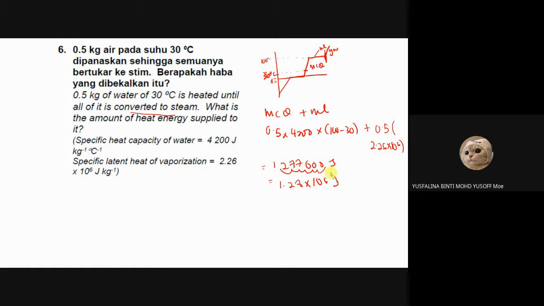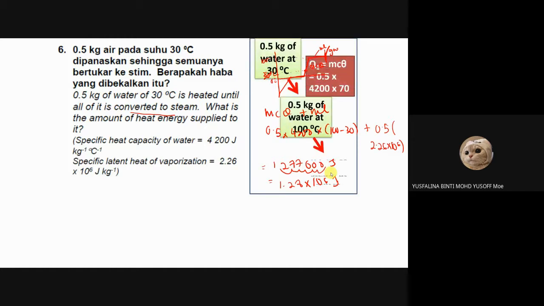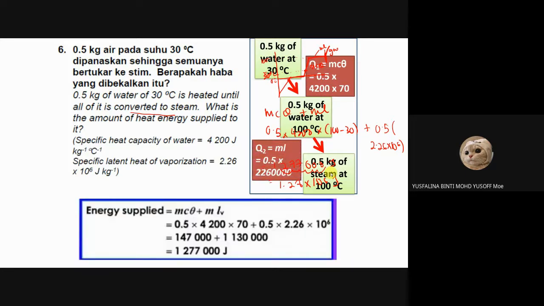Teacher, I keep getting 127. Eh? Really? Then where did the 7,000 go? Wait, see the calculation here. Did you get the correct one, Risha?